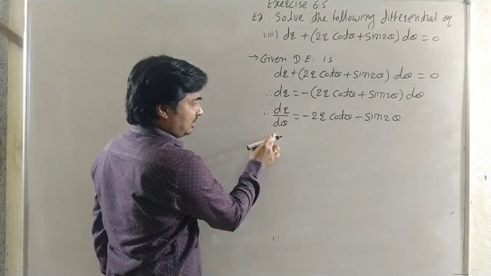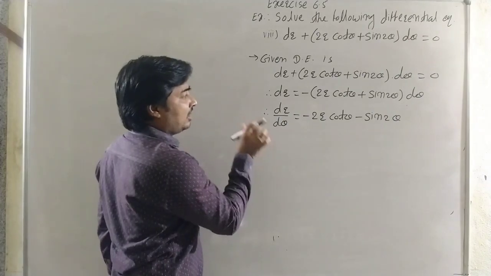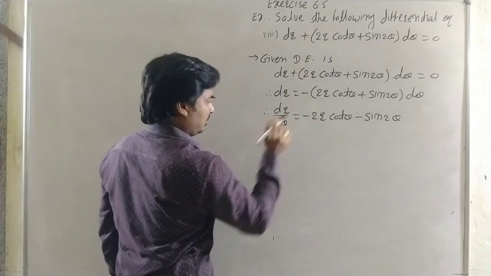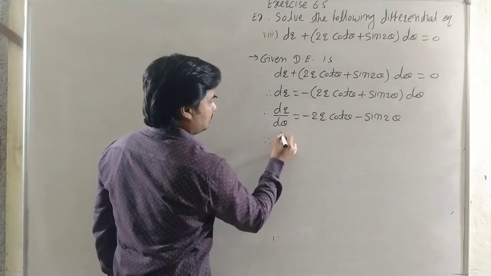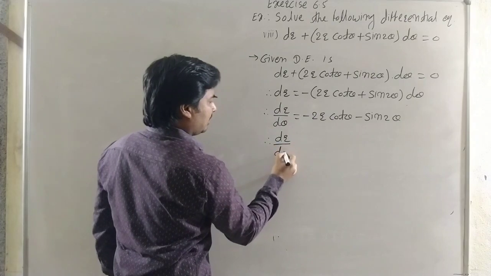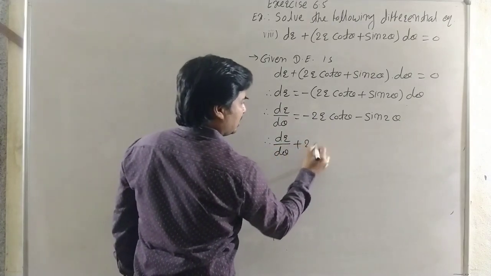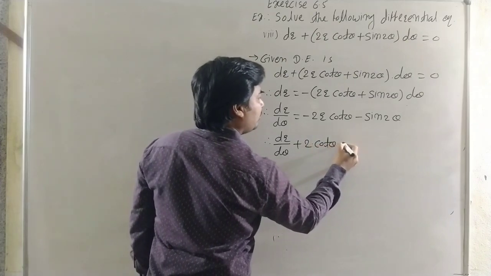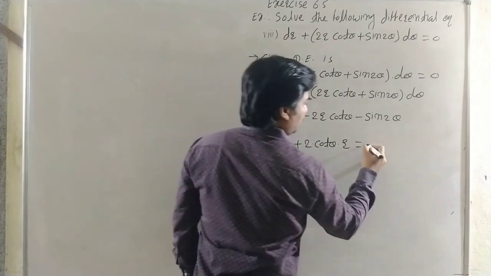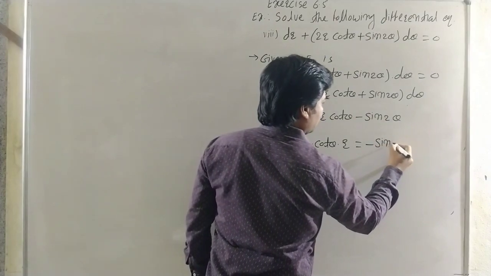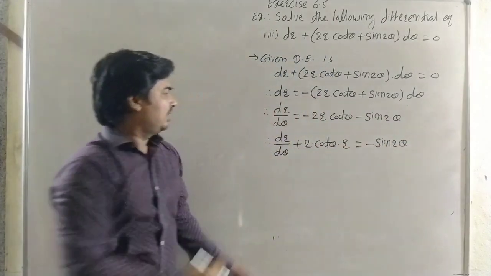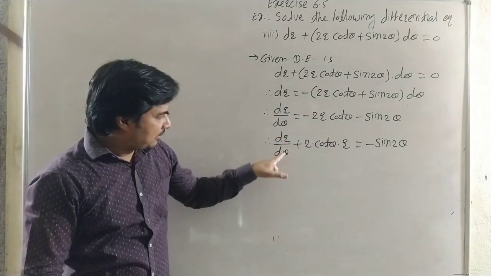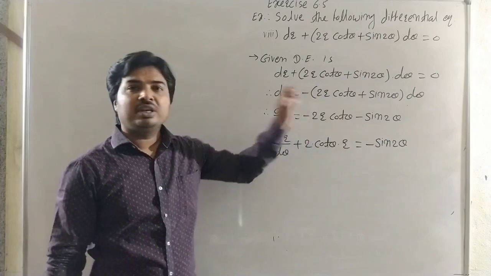Here it is dr by d theta, which means it is a linear equation in r. dr by d theta has degree 1 and r is also degree 1. So we write dr by d theta plus, see carefully, this term 2 cot theta into r, is equal to minus sin 2 theta. Here it is a linear differential equation in r: dr by d theta has degree 1 and r has degree 1.